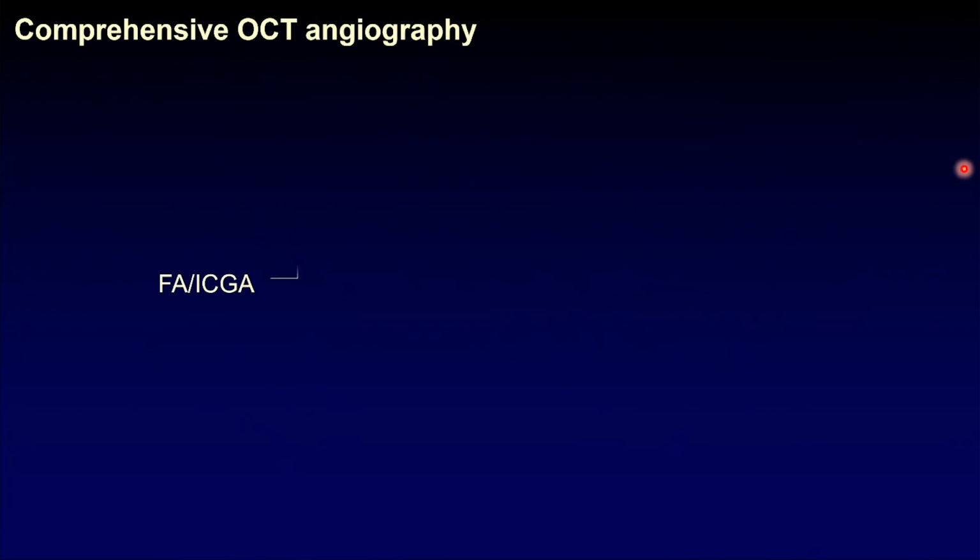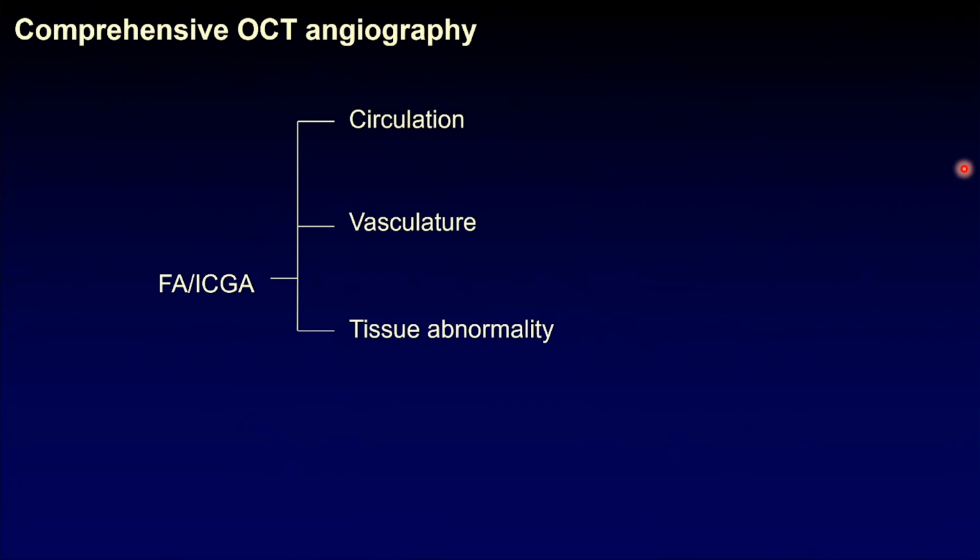For example, what we measure with them are the circulation and the vasculature of the posterior eye. In addition, the clinician checks the tissue abnormality. Okay, so angiography, by its name, looks like watching the vasculature. But in reality, what we are watching is not only the vasculature, but also the tissue abnormality.